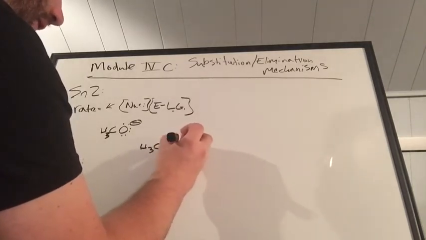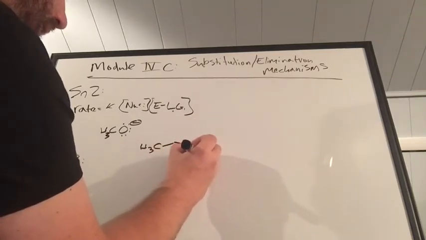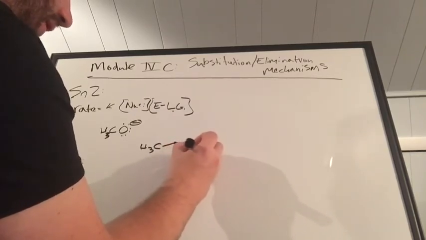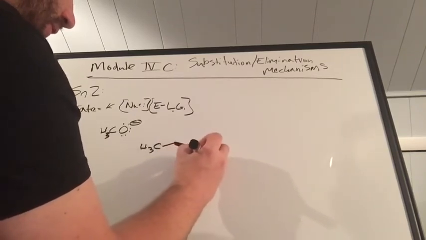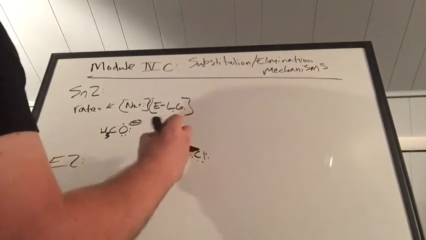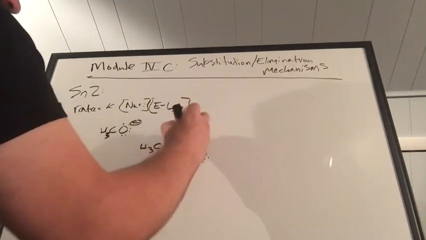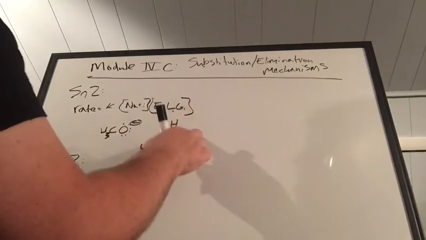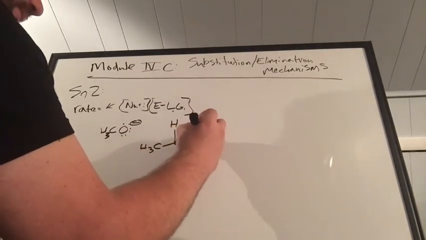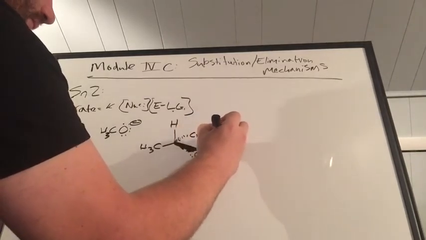So I'll have my leaving group be, let's say chlorine, just for convention's sake. Then I'll have hydrogen up above, and then in the background I'll have CH2, CH3.